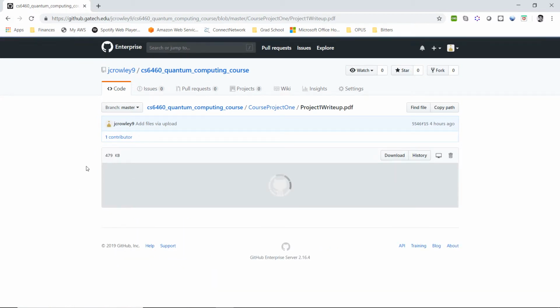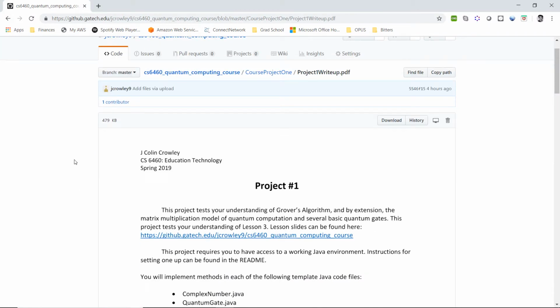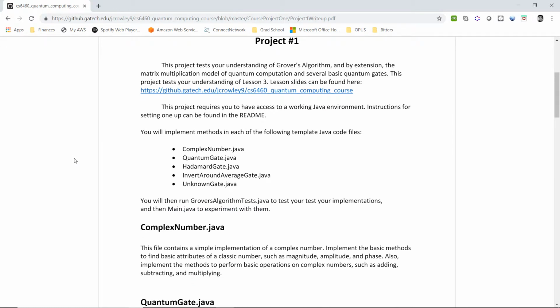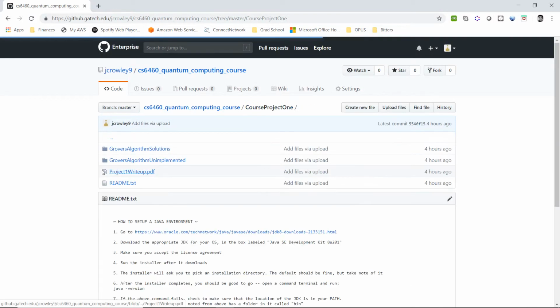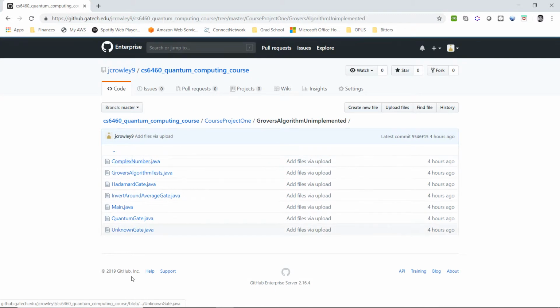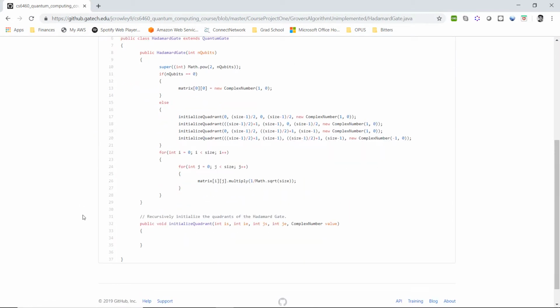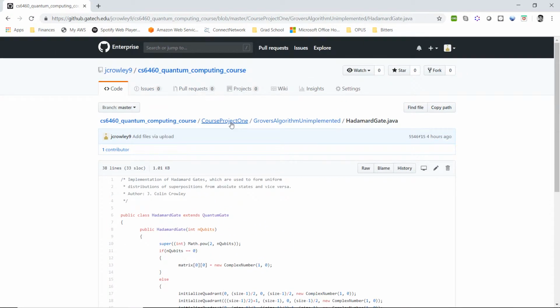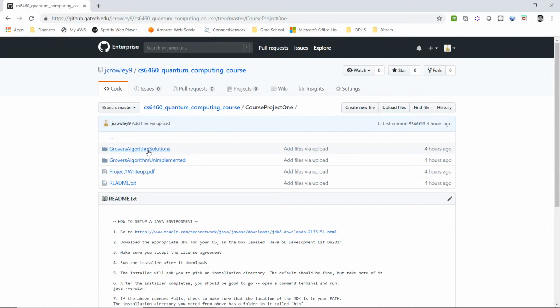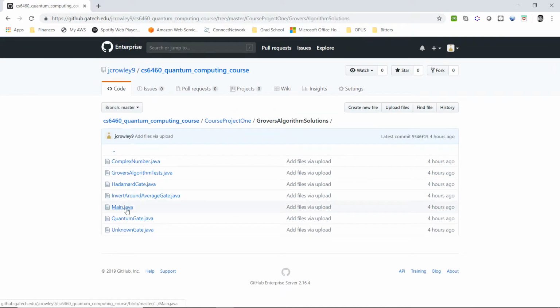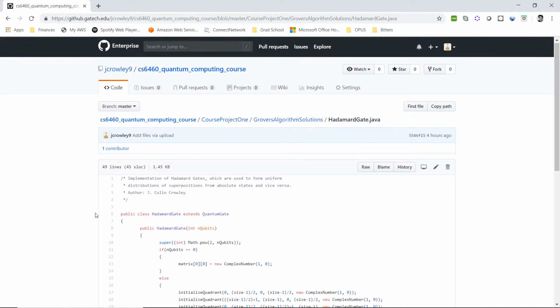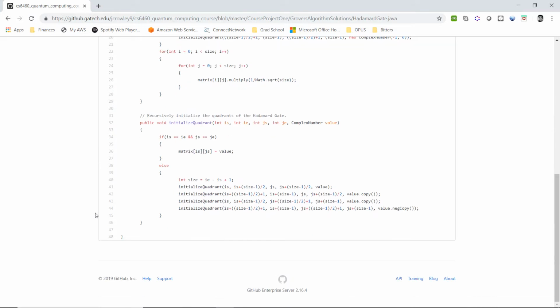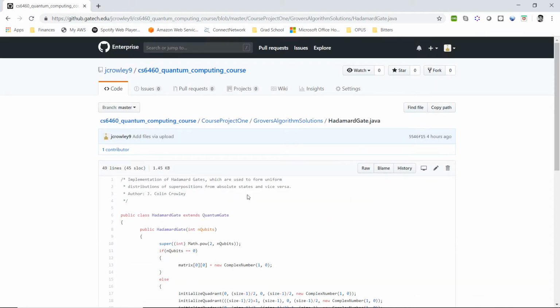So I have a write-up that explains what is expected of the student, and then some Java code that they would be given that has some functions that are not implemented that they would be expected to implement. And then for the sake of the educational technology course, I also provided the solutions. So that's the first course project.